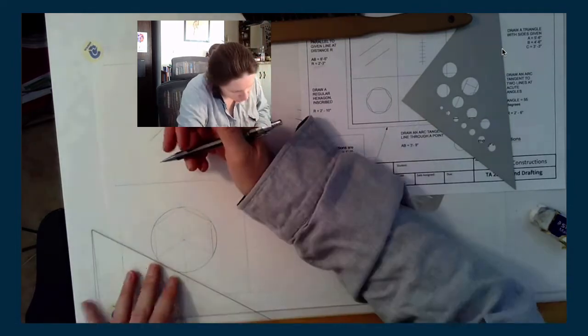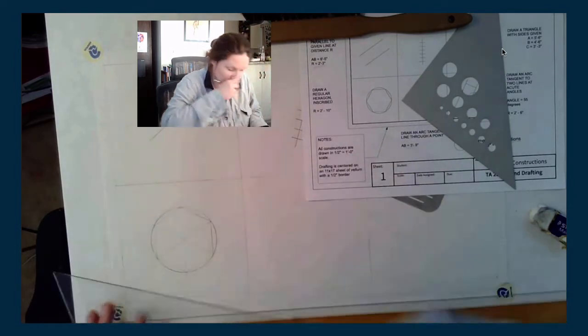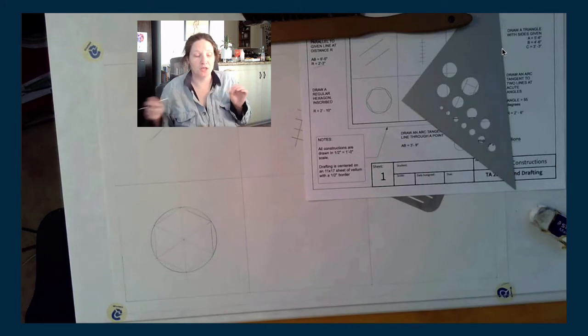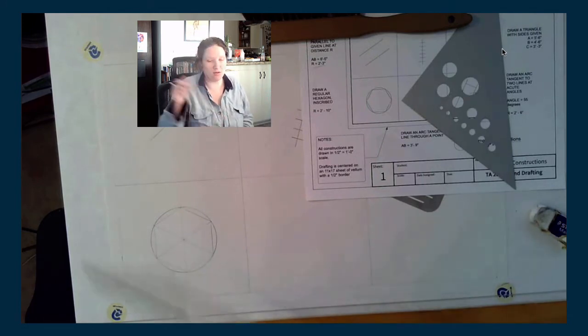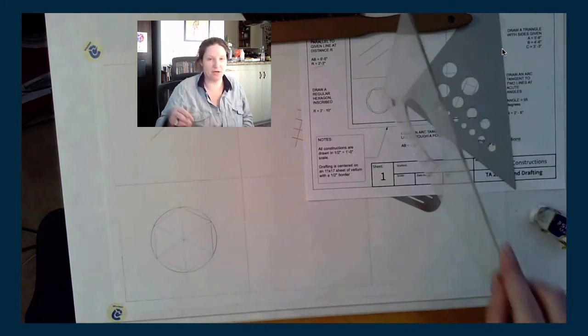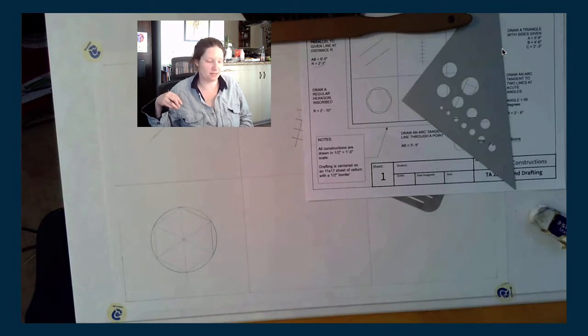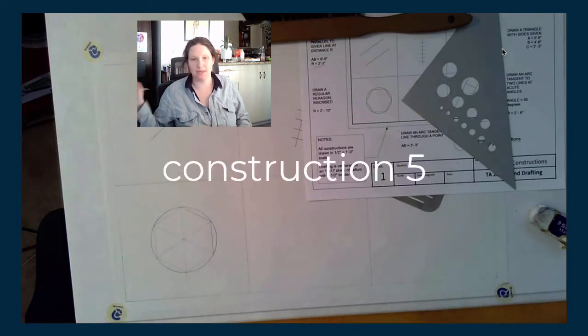Great. Once you've done that, erase all your construction lines so that all that is left is what we see there on the assignment, which is a hexagon that is inscribed and no crisscross, mishmash, whatever. All right, cool. Next one.